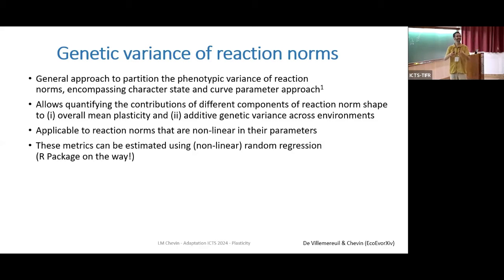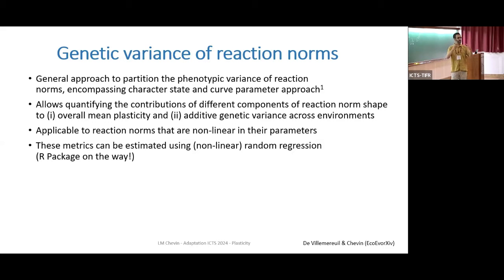I was at the inception of that, but I'm not really a stats person. I also have some difficulty explaining the difference with function-valued traits. We're using things that relate to things that already exist, but doing it in a slightly different way. Our aim was really to find genetic variation in different aspects of reaction norm shape.